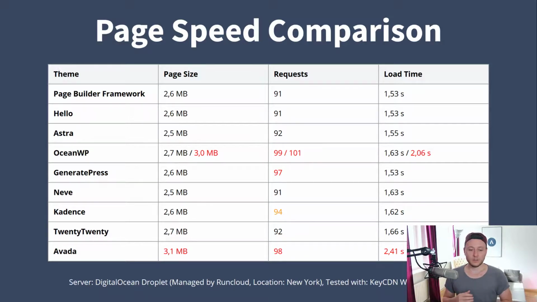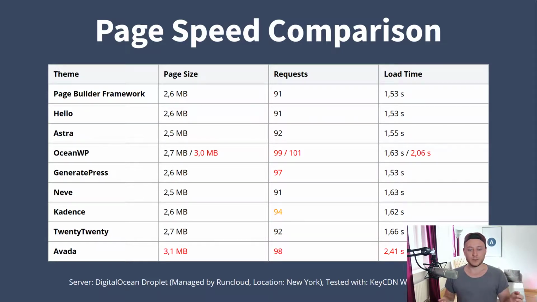Again, these numbers would look so similar if you put a caching plugin on top of that, which basically nullifies this column. But just as a reference, it gives you an idea how those themes perform without caching, or not even perform, because as you can see, GeneratePress only takes 1.53 seconds to load, which is similar to Hello, which comes in at 91 requests instead of 97.